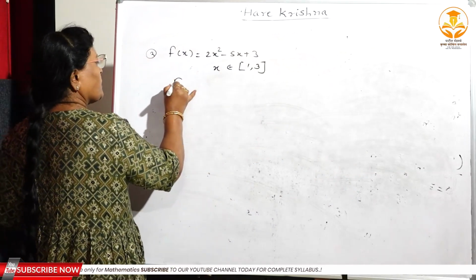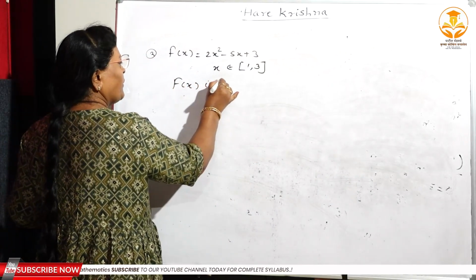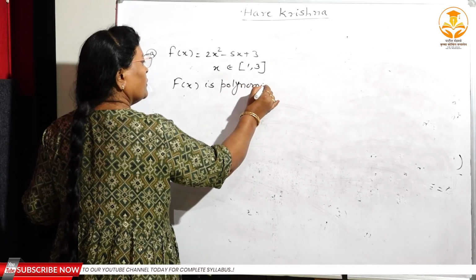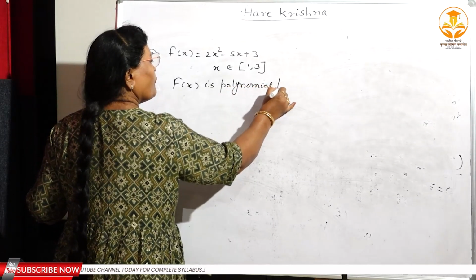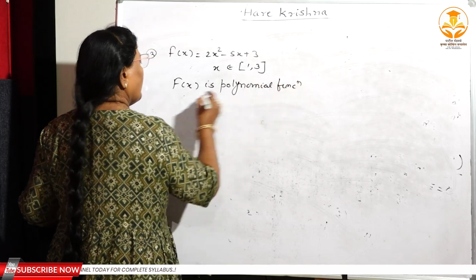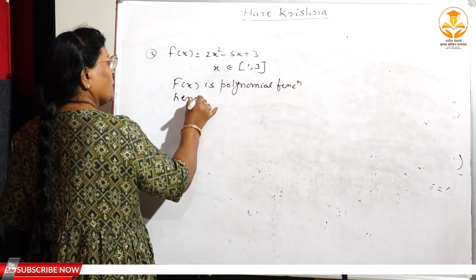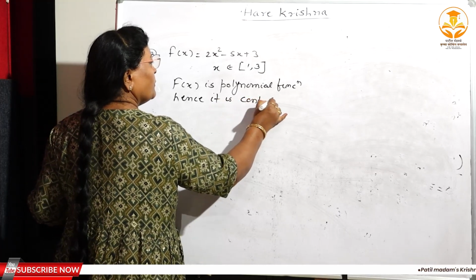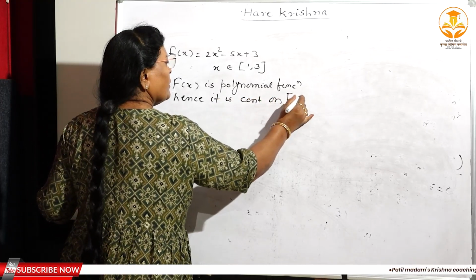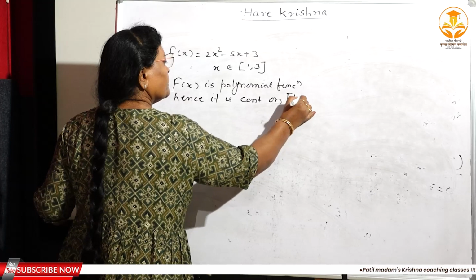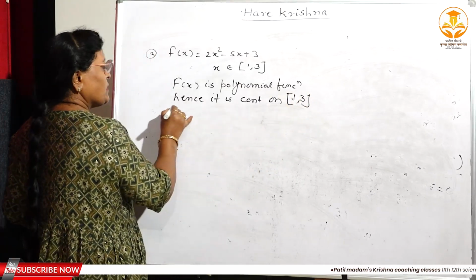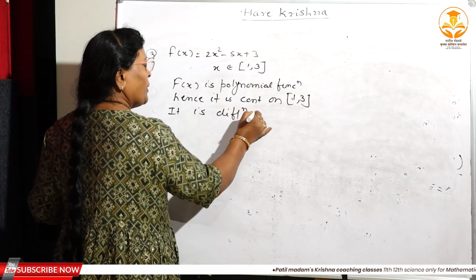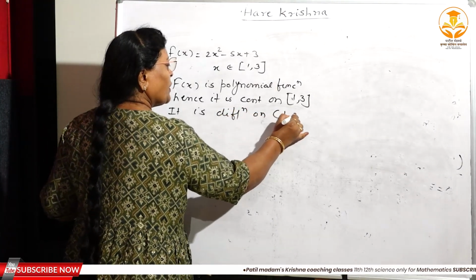Again, f of x is a polynomial function, hence it is continuous on the closed interval [1, 3]. It is differentiable on the open interval (1, 3).